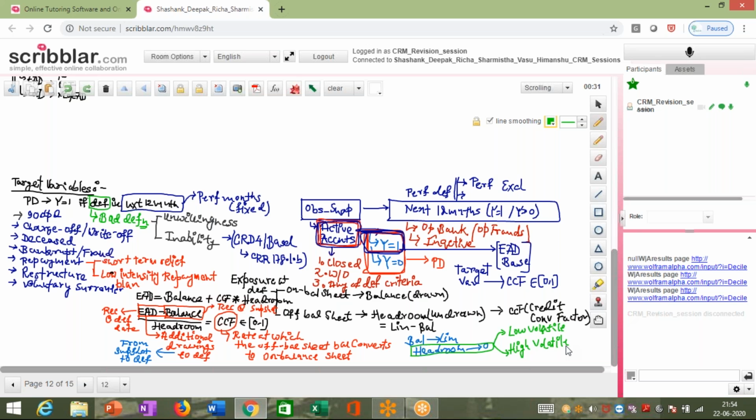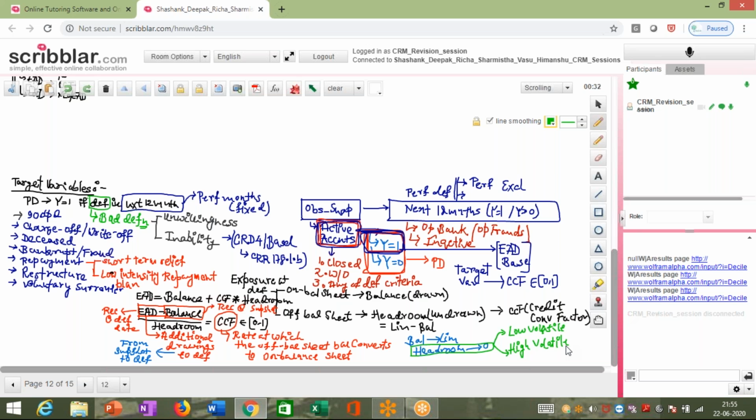But high volatile customers are those customers who have a balance to limit which has a headroom tending to zero. Now, if the headroom becomes very small, then CCF will automatically become volatile, right? So this is one check which has to be done.